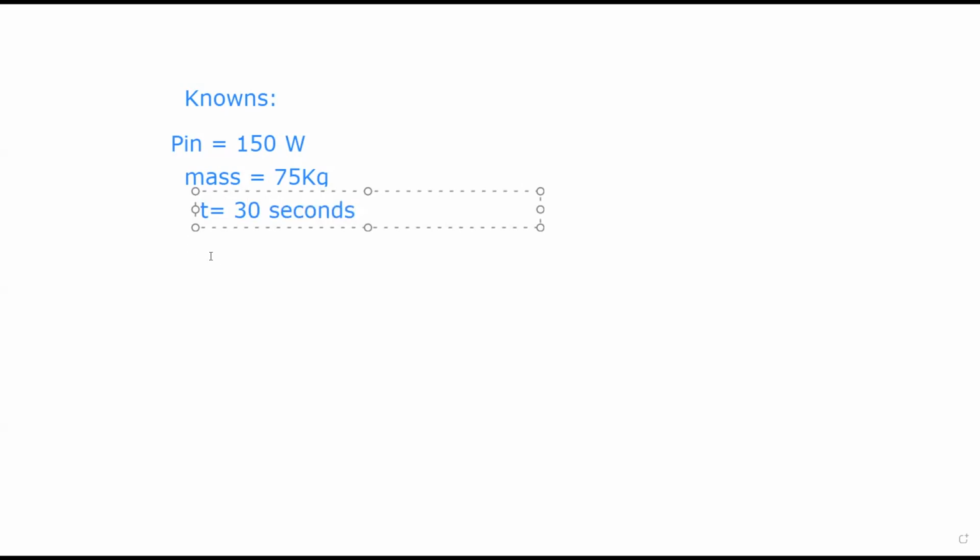We know efficiency is equal to P out over P in. All right, what else do we know? Mass, time, efficiency. All right, that's what we know.